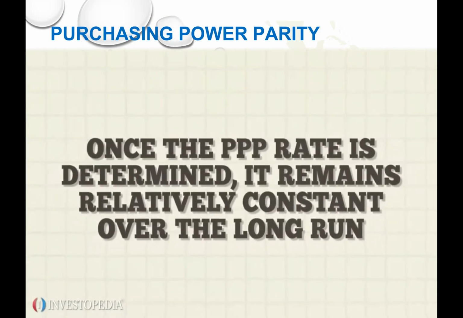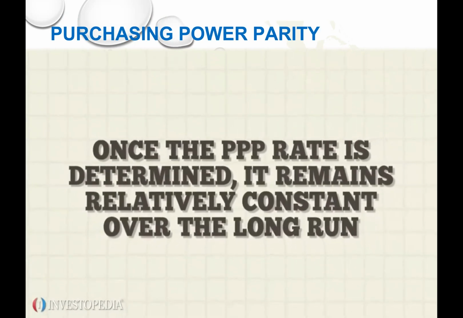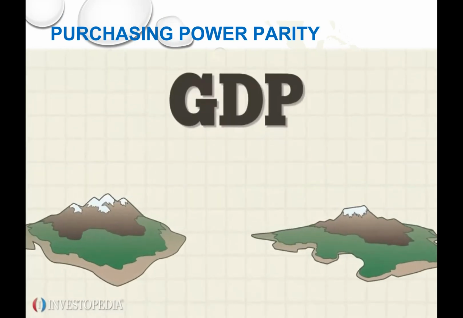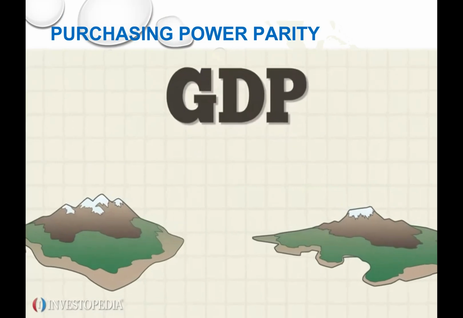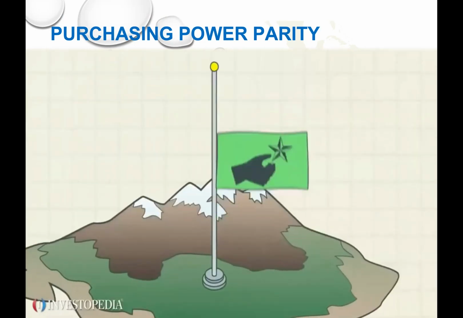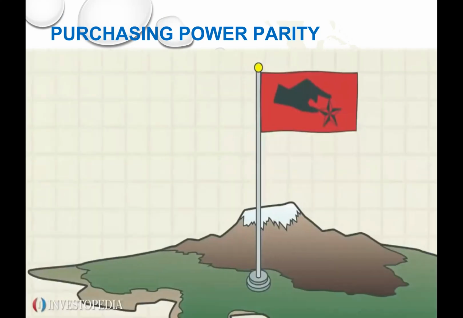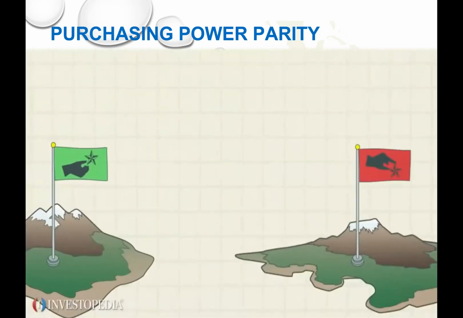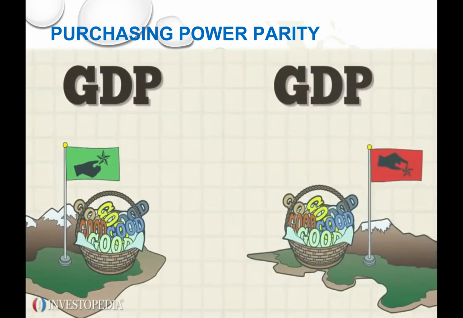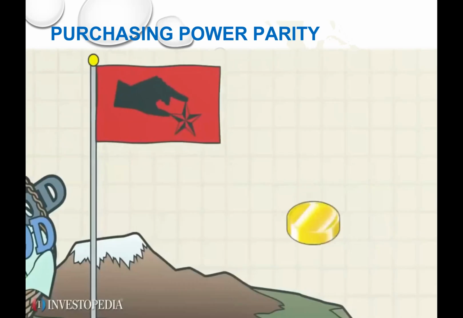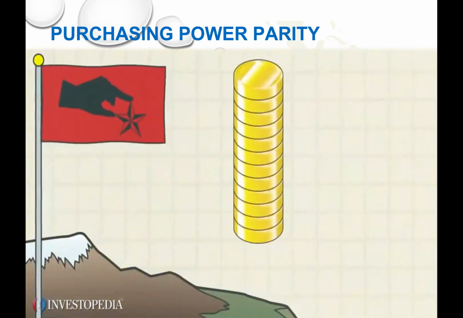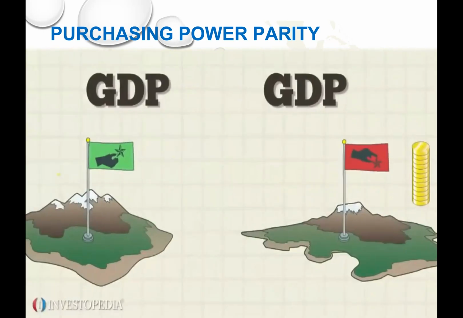PPP is often used to make more accurate comparisons between two countries' gross domestic product, GDP, than can be made when using market exchange rates. For example, let's look at two rival countries, Freonia and Controlia. Each country produces the same amount of goods in a given year. Thus, the GDP should be the same for each country. But because Controlia manipulates its currency on the world market, its currency is artificially high when compared to Freonia's currency.